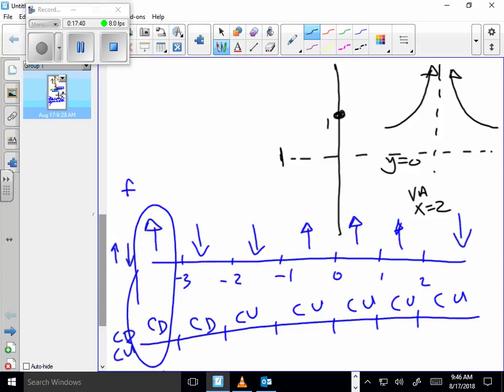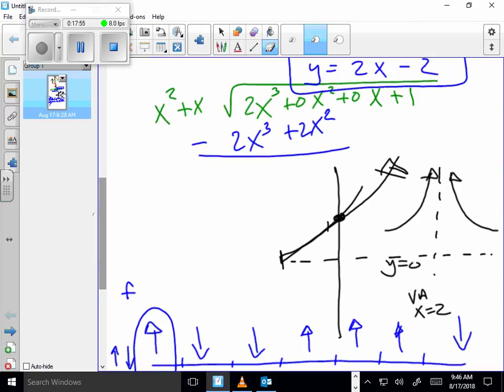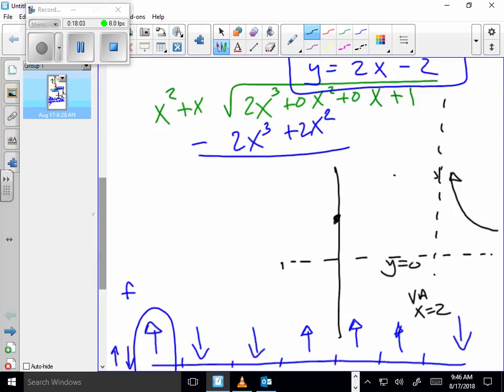I think I'm going to have to redraw this piece a little bit because I need to be going up, concave. I need more space up there. Because what do we know? We know that we're supposed to head towards infinity here, but we're also supposed to be concave up and increasing through this point. So this takes me to -1.